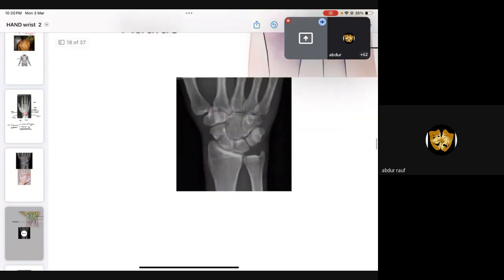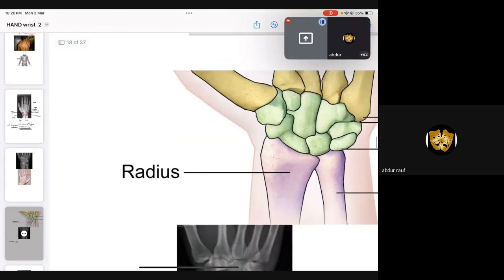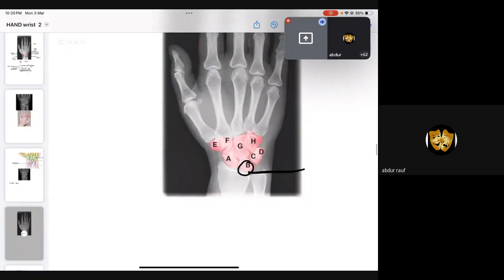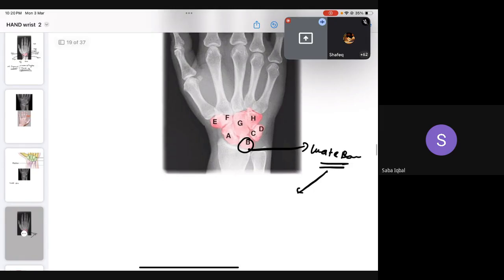So how does lunate dislocation occur? Let me show you the picture here. We know B was your lunate bone, right? How can one have dislocation or trauma to the lunate bone? You can see that the lunate sits at the top of your radius, right?